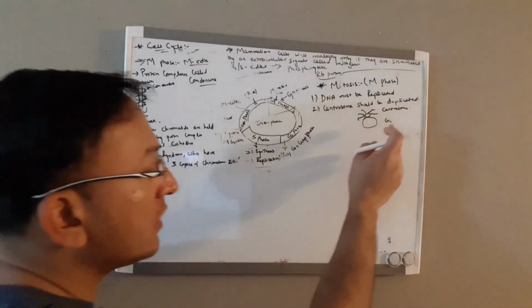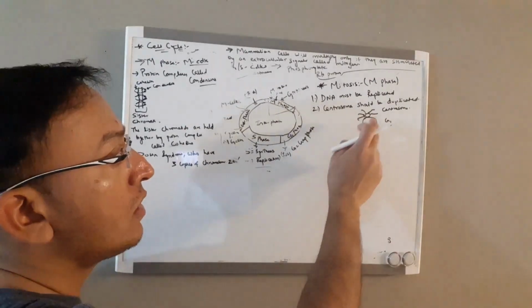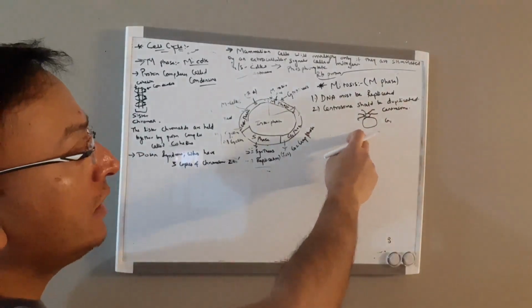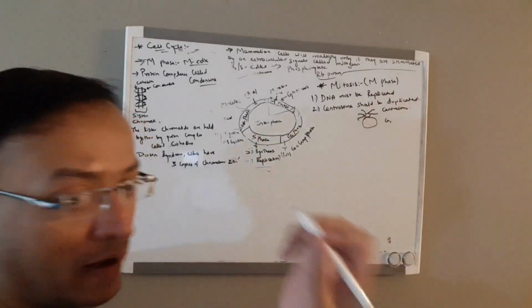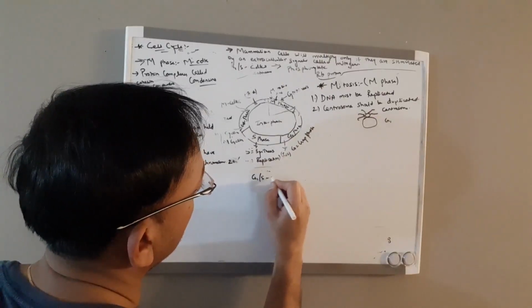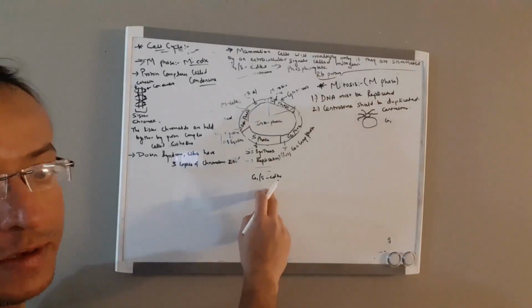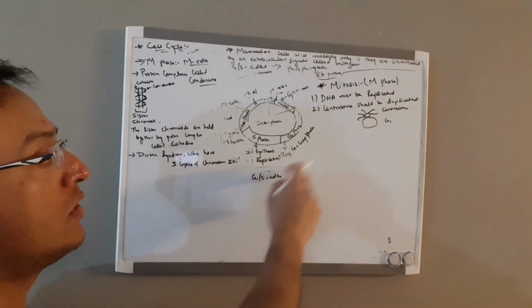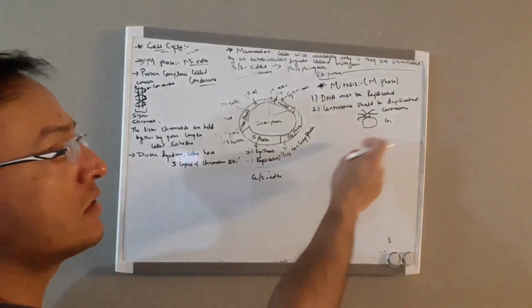And this centrosome duplication is also allowed by the same CDKs, the G1/S CDKs, the cyclin-dependent kinases, right?